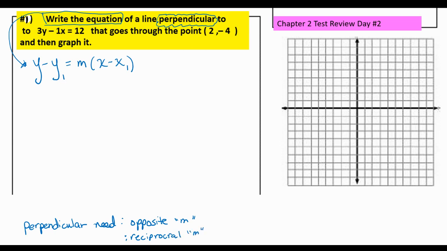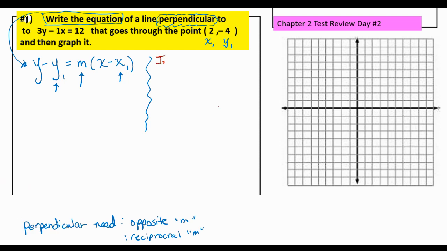Okay. And we already have the x1, y1 point, so we're all set for these 2 items. What we don't have is the m number, so we have to do a little work for that.